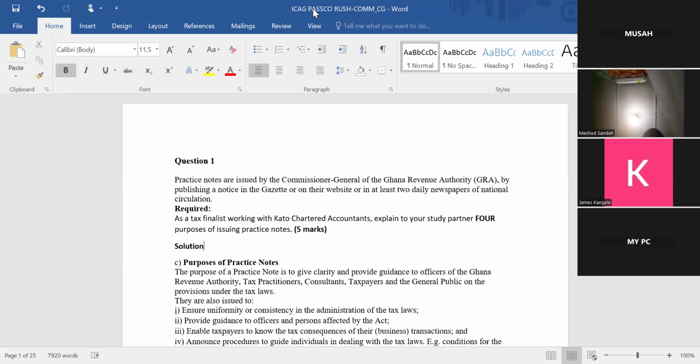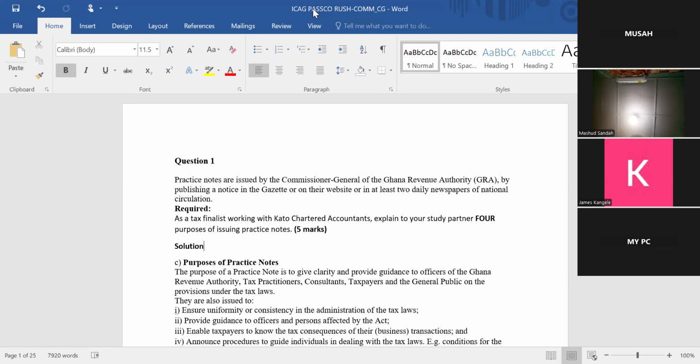So it has gone into several phases, and then in 2009, there was an act that was established. That's the Ghana Revenue Authority Act 2009, Act 791, to establish the Ghana Revenue Authority. That is to consolidate these three units into one authority called Ghana Revenue Authority.